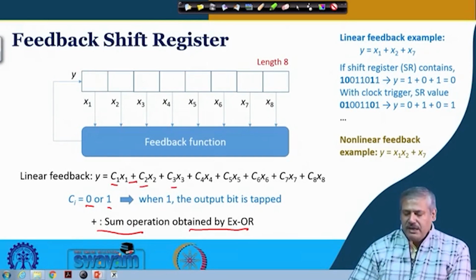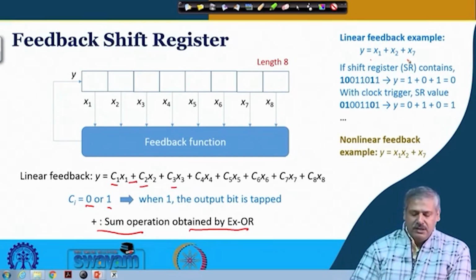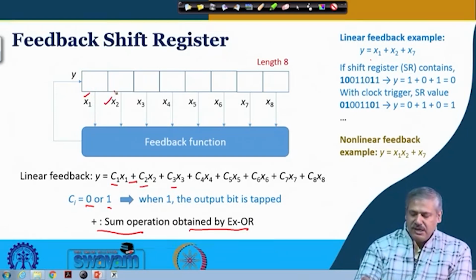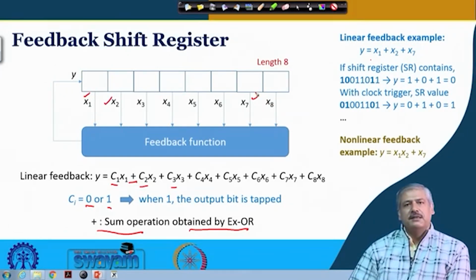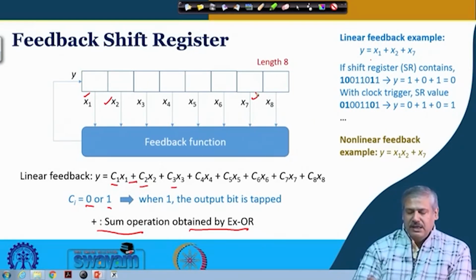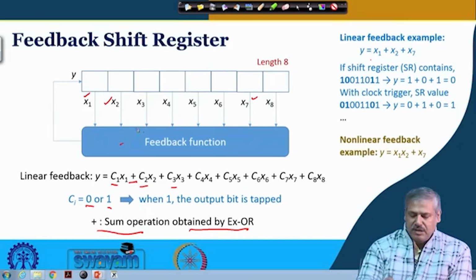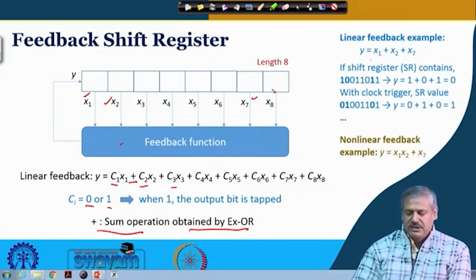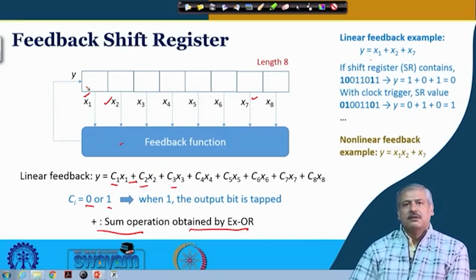If we look at an example, y is x1 plus x2 plus x7. What does it mean? These 3 taps are used, and these 3 outputs of the shift register are summed up here and fed as input y as serial in.